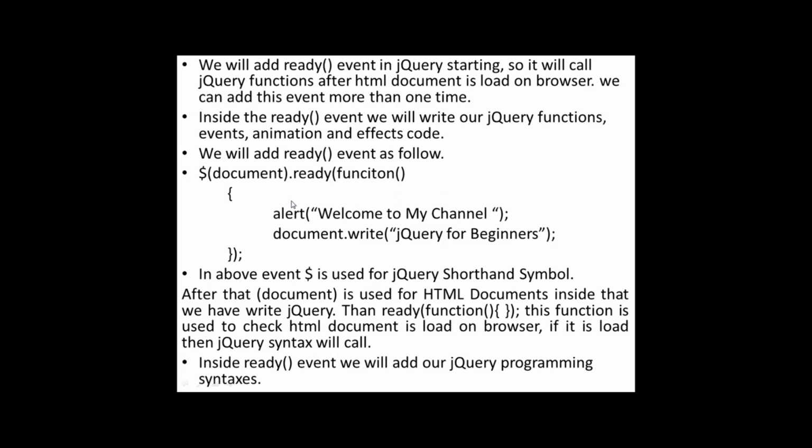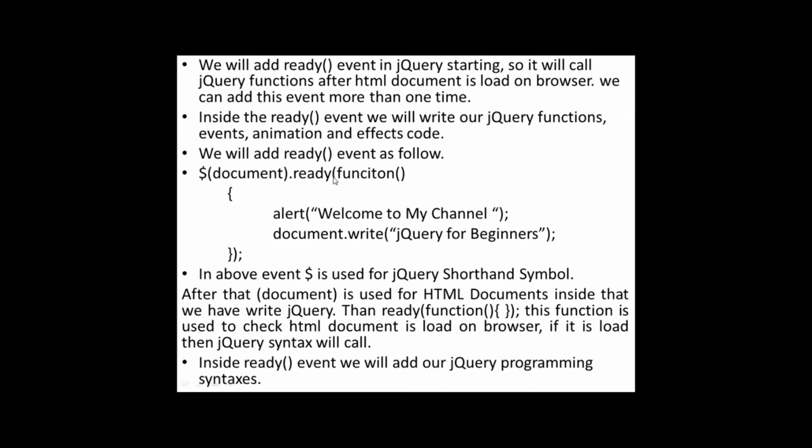After writing the ready event and completing the function keyword, we start a curly bracket and end with a curly bracket, and this curly bracket marks the block of the ready event. Also note that after the ready event we start one round bracket, but we do not end it here. We end this round bracket after the curly bracket.